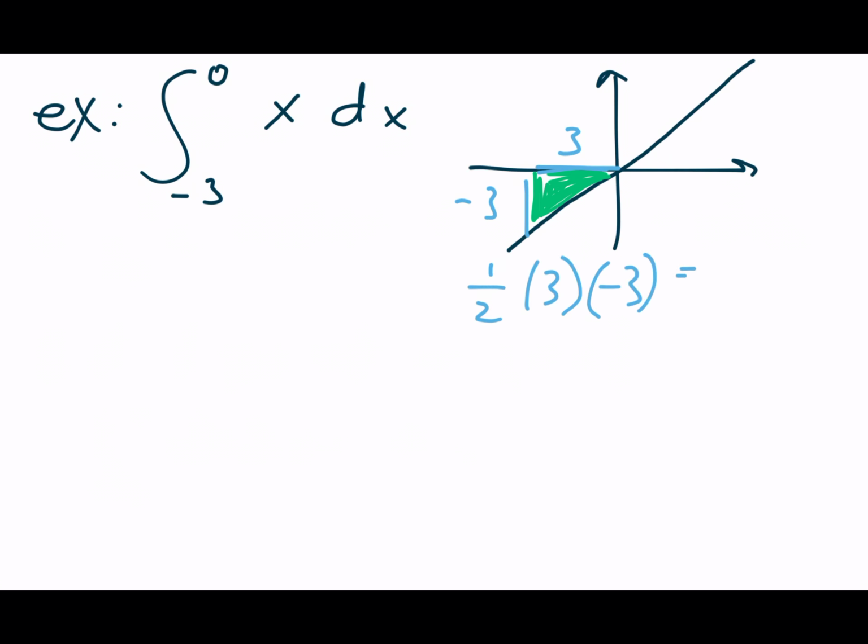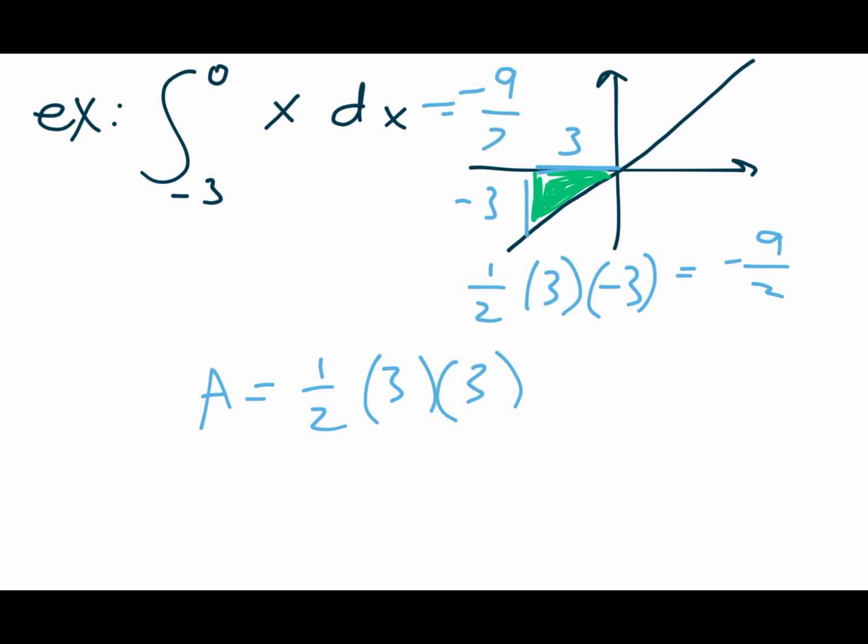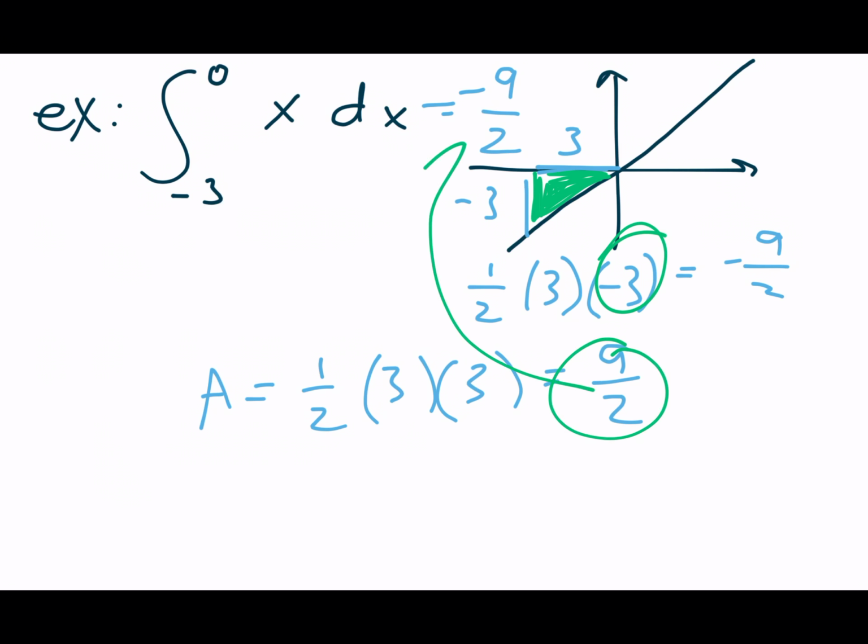You could think of it that way, or you could just say, hey, my area of my triangle is 1/2 base times height. Base and height both measure 3. However, because I've got a region that's below the x-axis, the value of that integral is -9/2. So it doesn't matter where that negative comes in as long as it comes in. You guys see what I'm saying? You can have it in terms of the height, or you can just recognize that it needs to be there and throw it in after the fact.